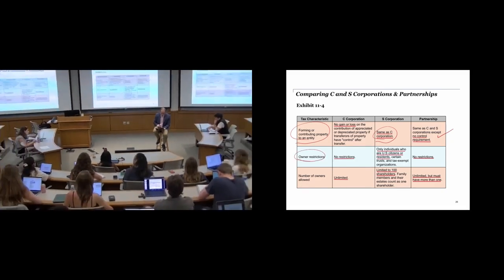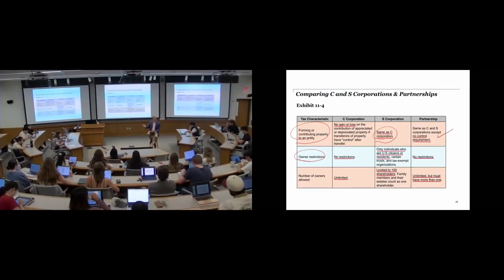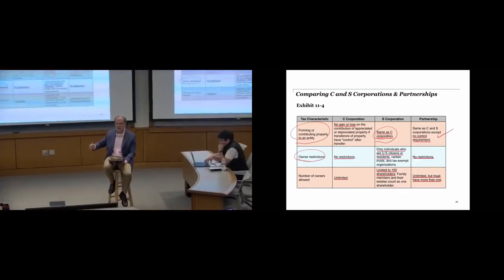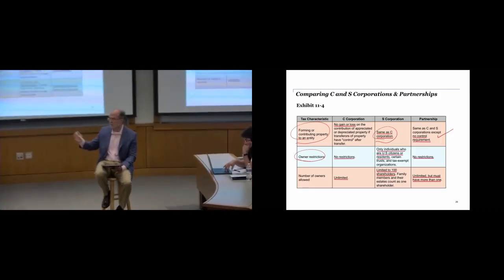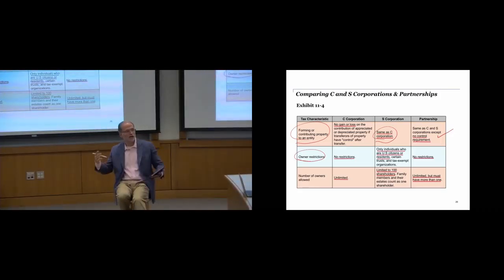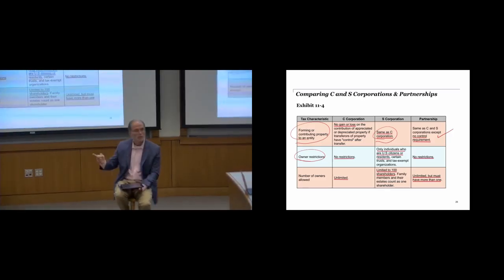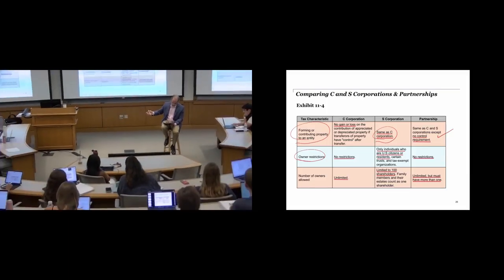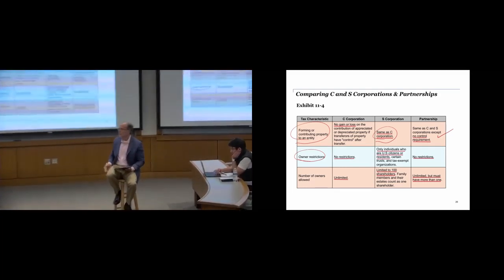Owner restrictions, there are no restrictions on who can be a C corporation owner, right? I've said many times, you can buy stock in whatever publicly traded corporation you want right now. Nobody cares about your tax profile, whether you're an LLC or partnership or whatever, it doesn't matter. S corporation, obviously we do. And those are only individuals who are U.S. citizens or residents, certain trusts and tax-exempt organizations that we didn't cover.